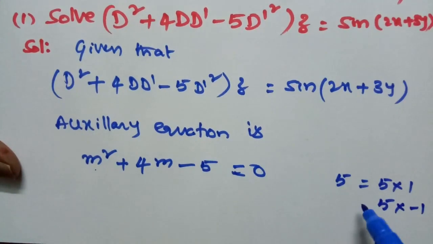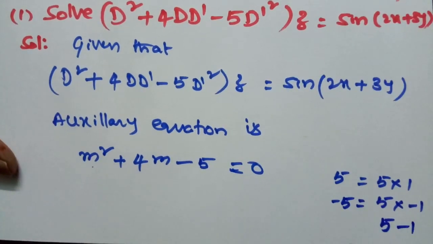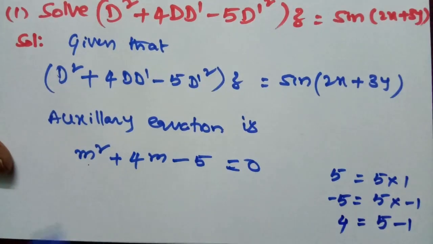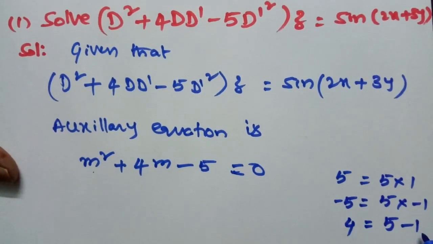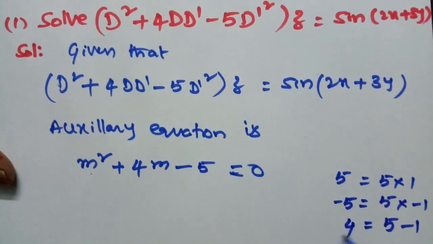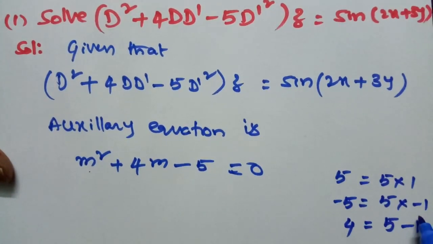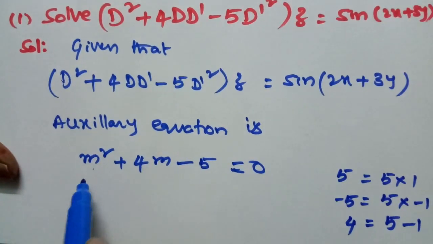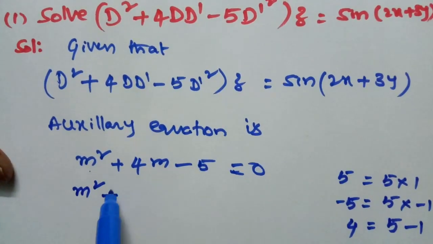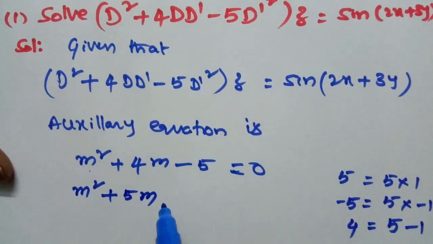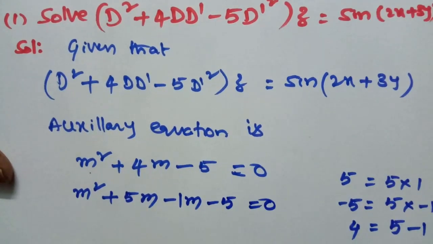Multiplication gives minus 5, and 5 minus 1 gives 4. Therefore, we are splitting 4m as 5m minus 1m. Therefore, this can be written as m square plus 5m minus 1m minus 5 equal to 0.